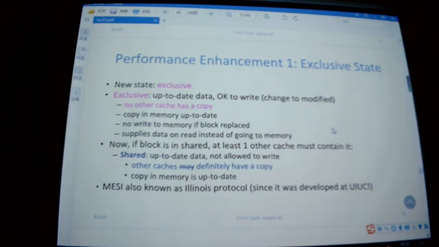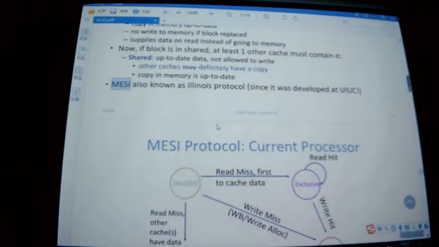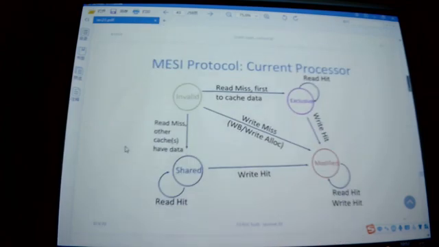The copy in memory is up-to-date. So this is MESI, also known as the Illinois protocol. MESI is the revised protocol from MSI. The later one is MOESI. So MESI is the revised protocol.